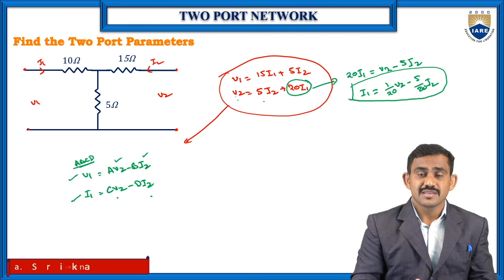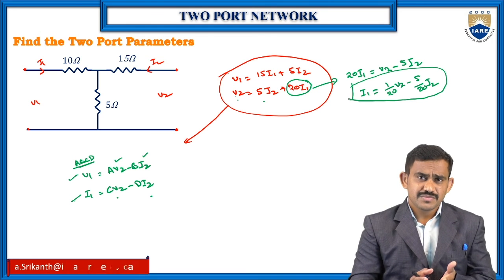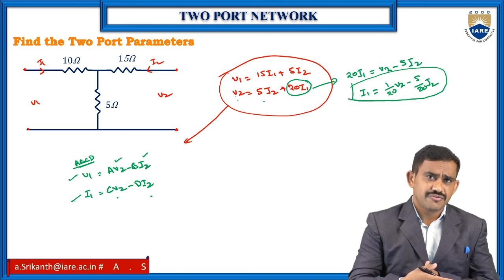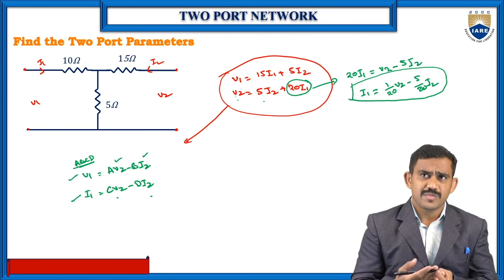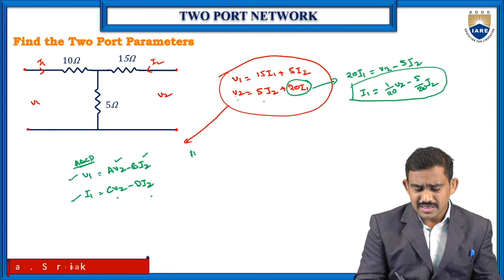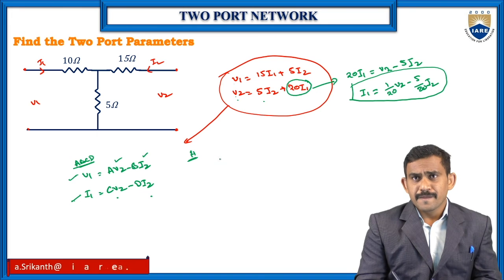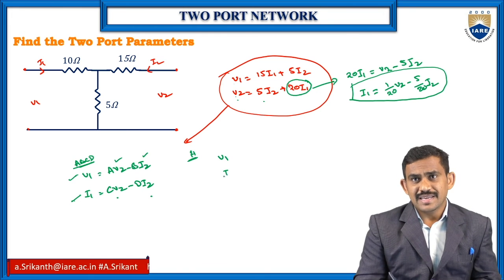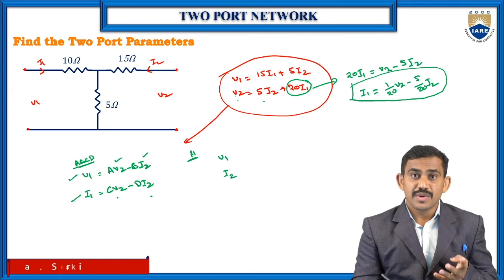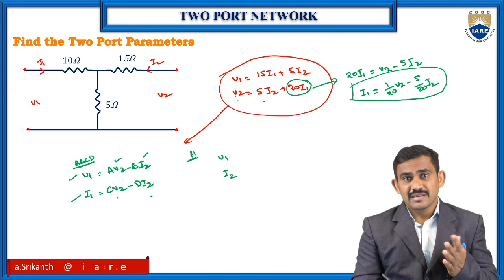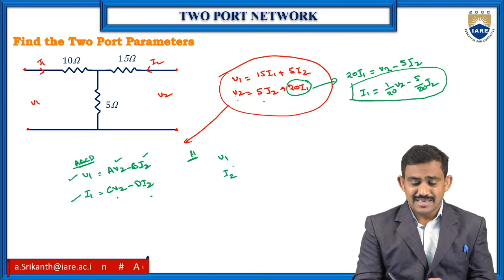It's very simple, guys. If you know the equation, you can convert it into whichever equation you want, H parameter equation or Y parameters. What are H parameters? H parameters are a combination of primary and secondary voltage as well as current.